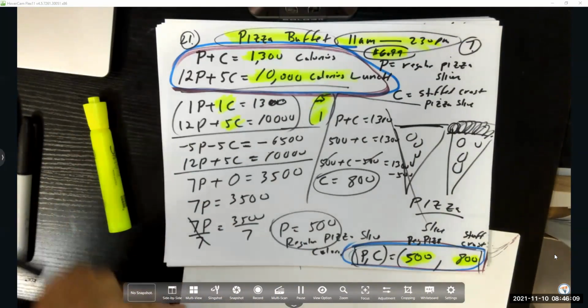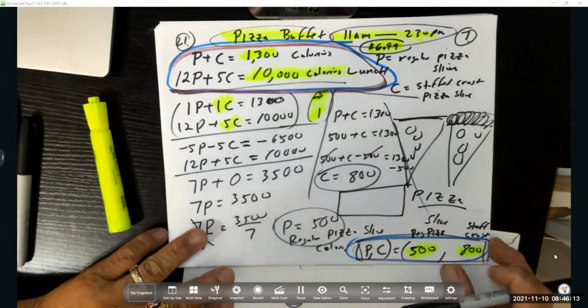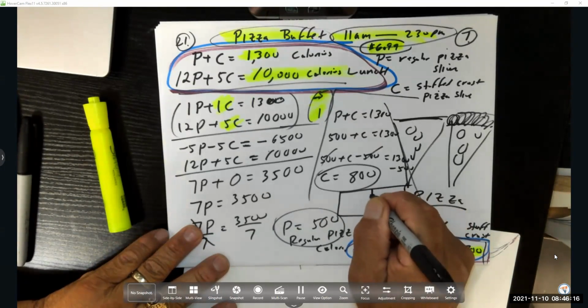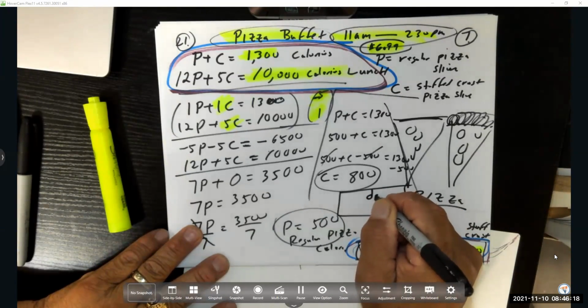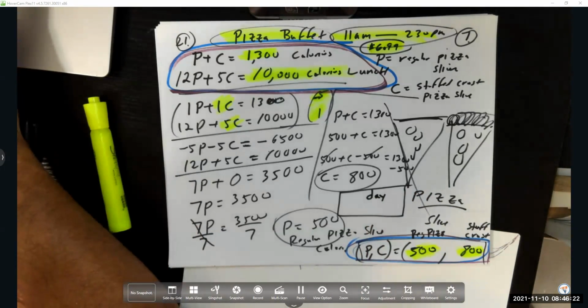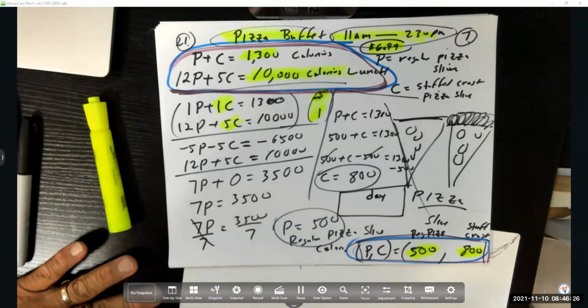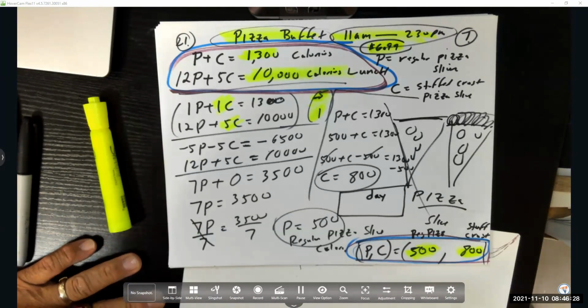So now here's a question for you. Every day you should have how many calories? What's the regular amount of calories per day? Give me a number. What do you think it is for a day, on the average for regular people?